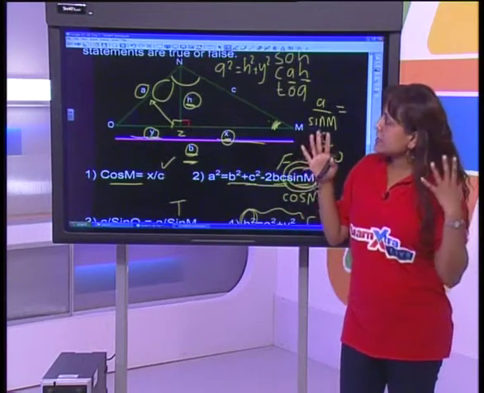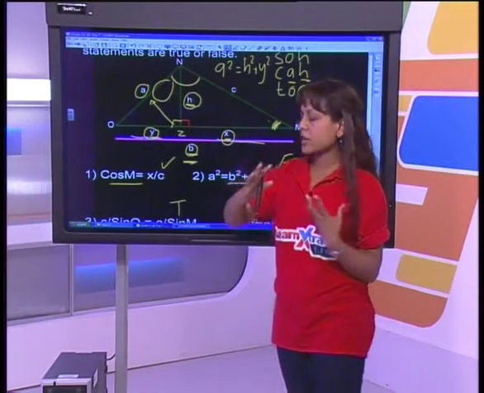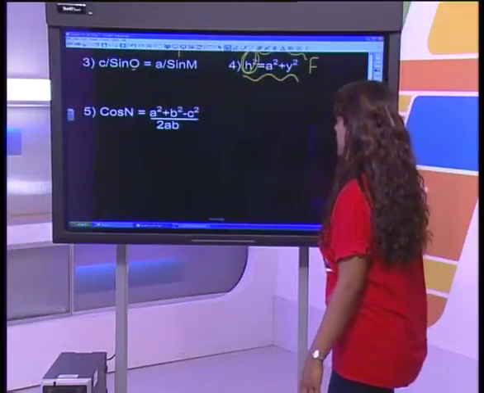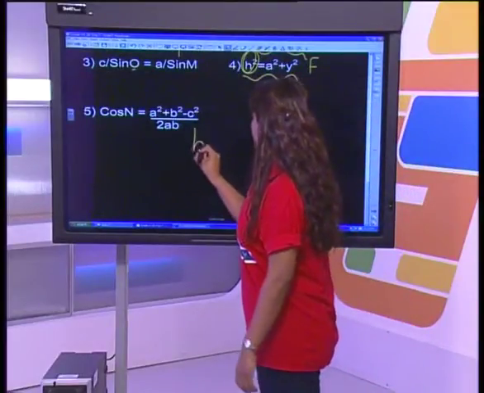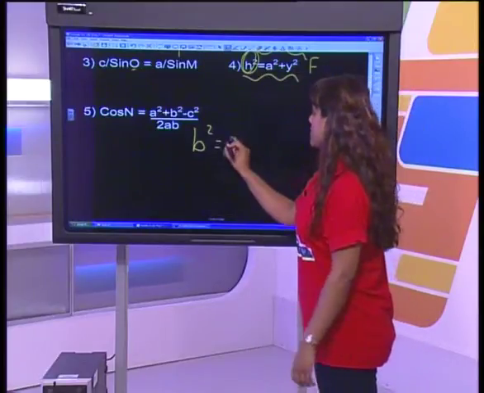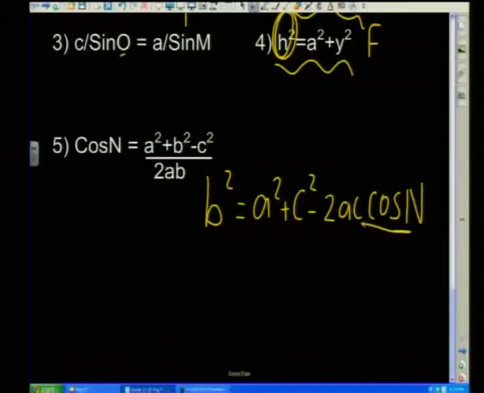We're going to say the formula that would include angle N, if I was trying to find B squared from the cos formula, would be B squared is equal to A squared plus C squared minus 2AC, and then it would be cos of the included angle, which in this case was N. Okay, so there we have the N in this formula.